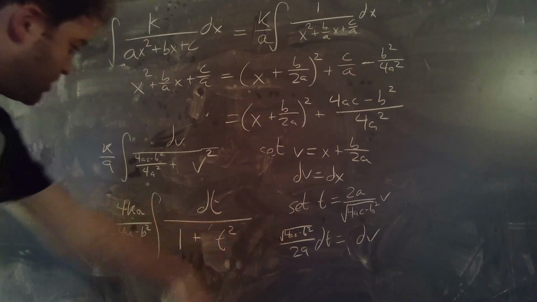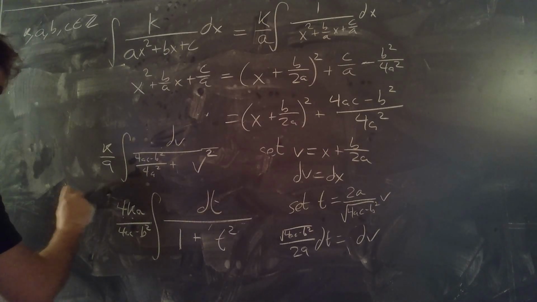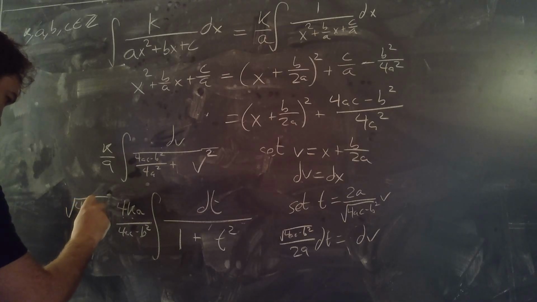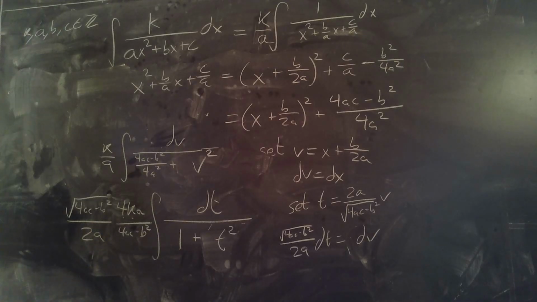This is, again, just another constant, so I can write it out in front as the square root of 4ac minus b squared over 2a. And notice that we have some really nice stuff happening here. This term, 4ac minus b squared, is the same as this term, 4ac minus b squared. The only thing that's different is the power. This is the power of 1. This is the power of 1/2.